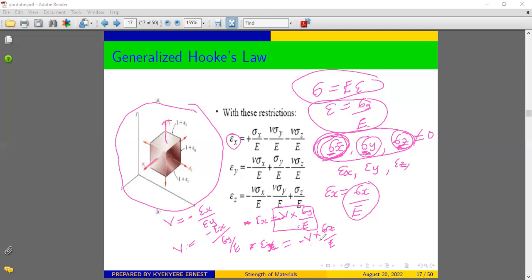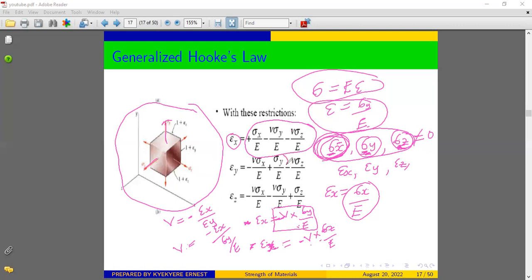And when we put all these three together, we are going to get this as our total strain on the x-axis.